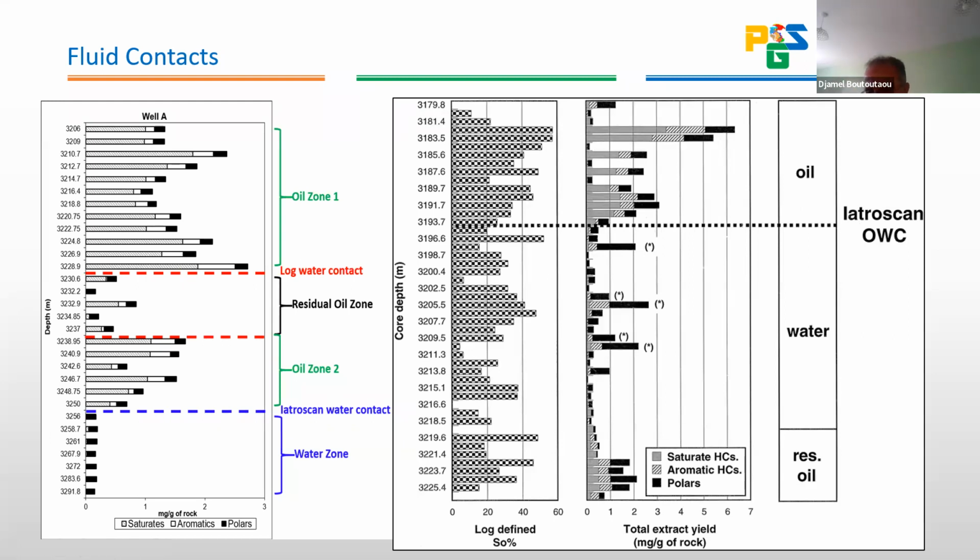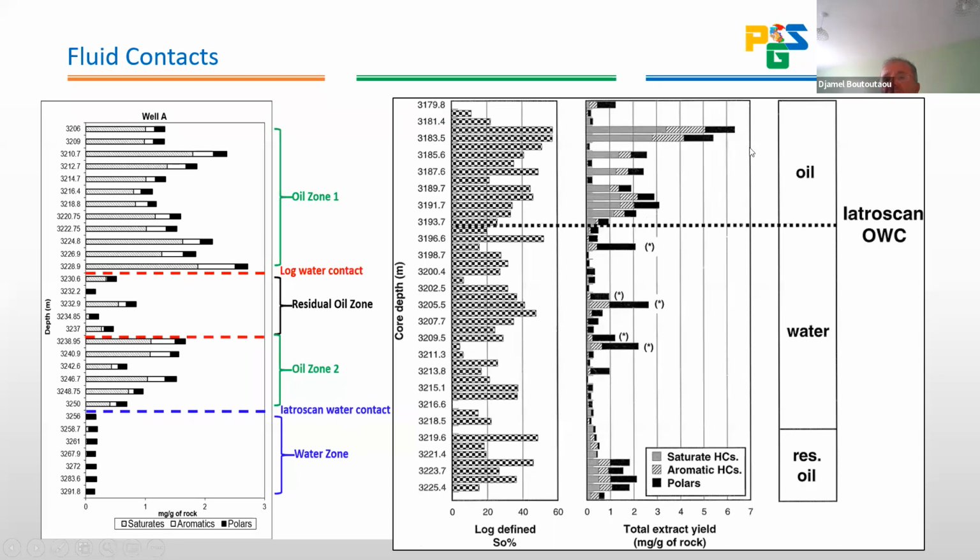This is done by a technique called Iatroscan, a different type of chromatography, thin layer chromatography, on residual oil extracted from reservoir rock samples. When you analyze them, you measure the abundance of your total residual oil yield.